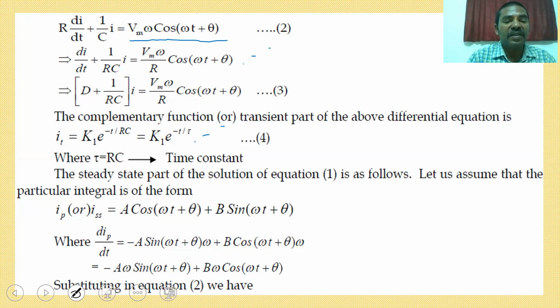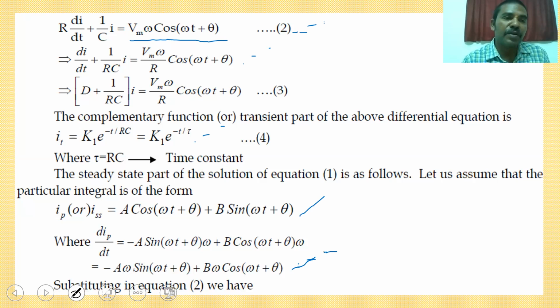If you differentiate with respect to t, di_p/dt = −A ω sin(ωt + θ) + B ω cos(ωt + θ). Now we are substituting this current value in your equation 2, for di/dt and the i value also.